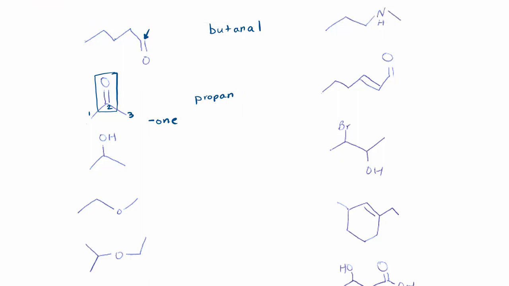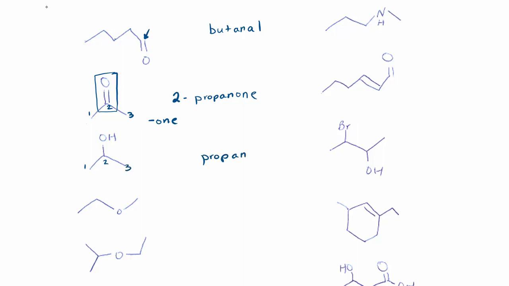So we take off the E and then add the ONE, and that's propanone. Now the only way that propanone can exist is if the ketone is on number 2. However, to be thorough, we would put 2-propanone, just to get you used to numbering where your functional groups are. Now, similarly, we have this molecule, again, with the 3-carbon chain.